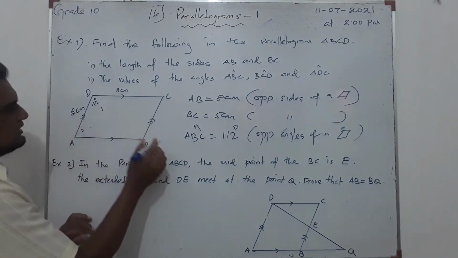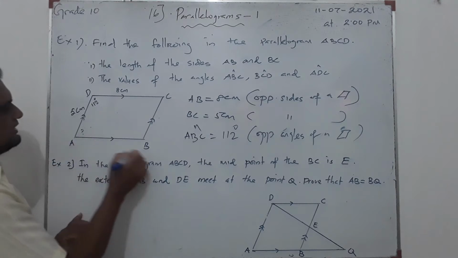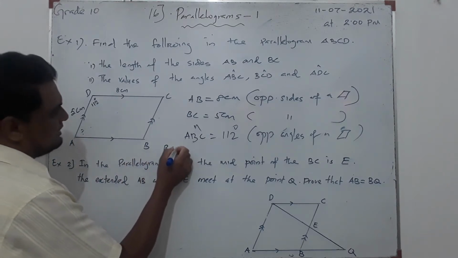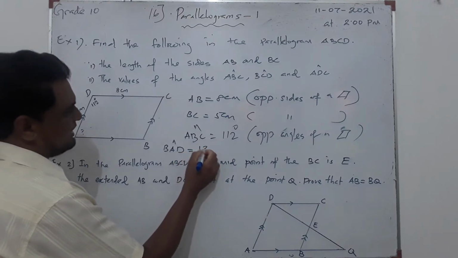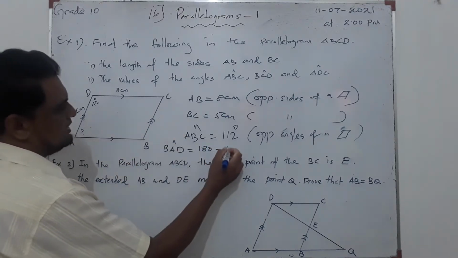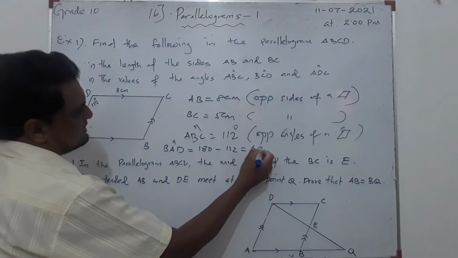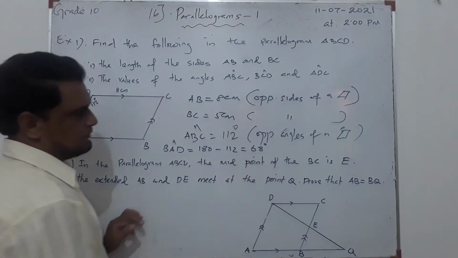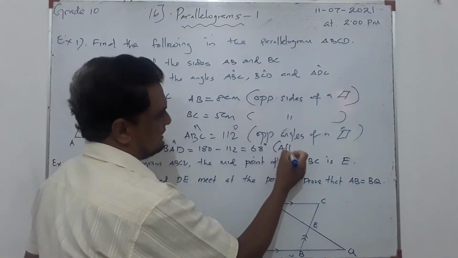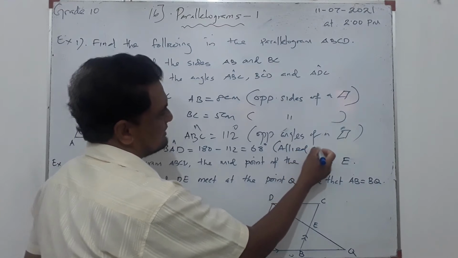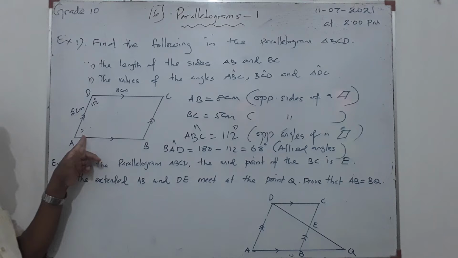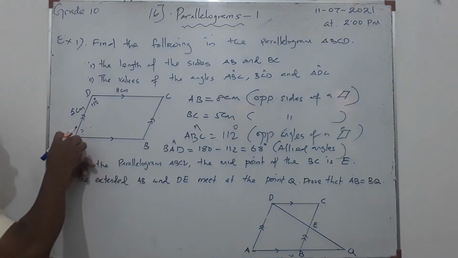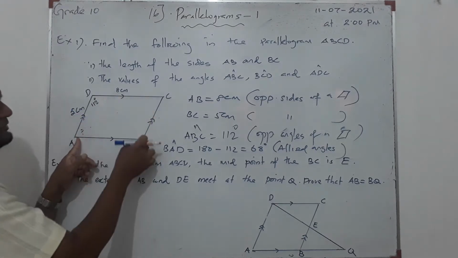According to that you can find here the BAD angle is equal to 180 minus 112, that is equal to 68 degree. The reason is allied angles, okay?